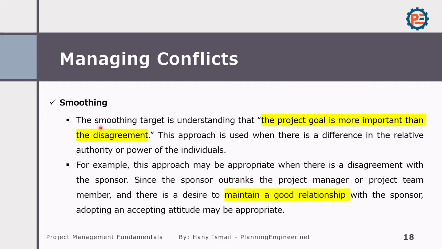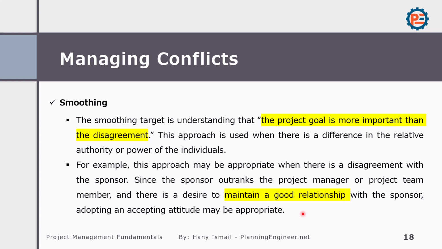Okay, smoothing is the targeting of understanding that the project goal is more important than the disagreement. This approach is used when there are differences in the relative authority or power of the individuals. For example, this approach may be appropriate when there is a disagreement with the sponsor. Since the sponsor outranks the project manager or project member and there is a desire to maintain a good relationship with the sponsor, we accept the conflict with the sponsor if it is not contradicting our contract.